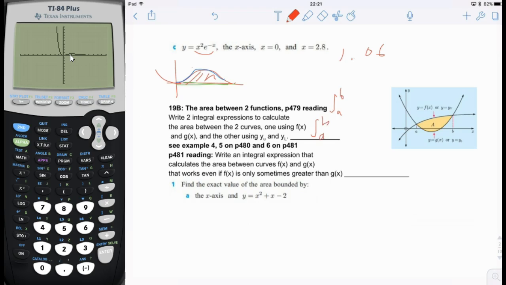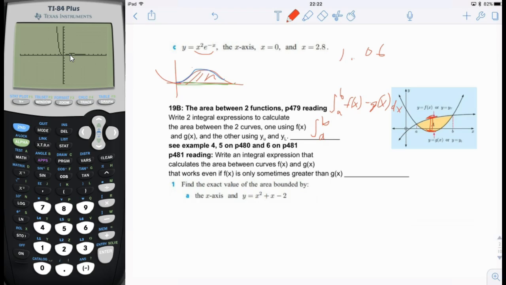And in between, instead of just putting f of x, now we're going to put f of x minus g of x. Okay, because if we put f of x minus g of x, then it's going to be this line minus this line, and then that'll give us the height between the functions.